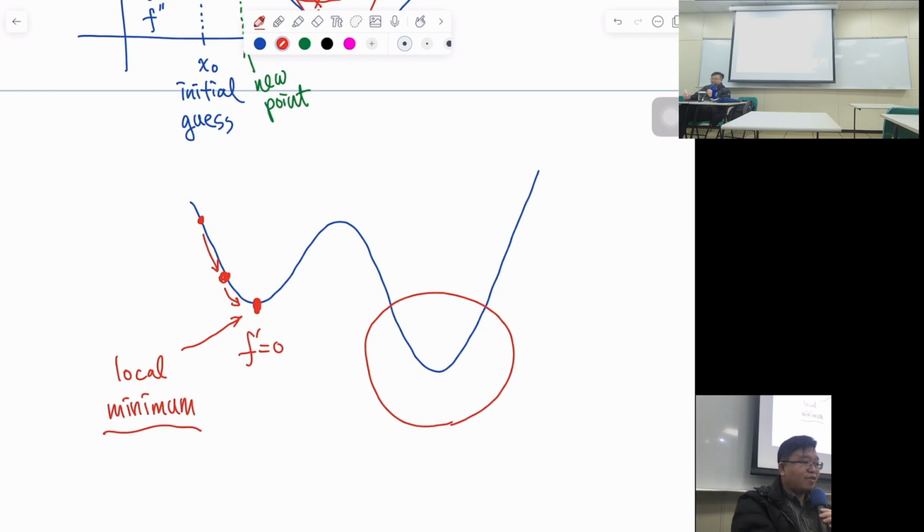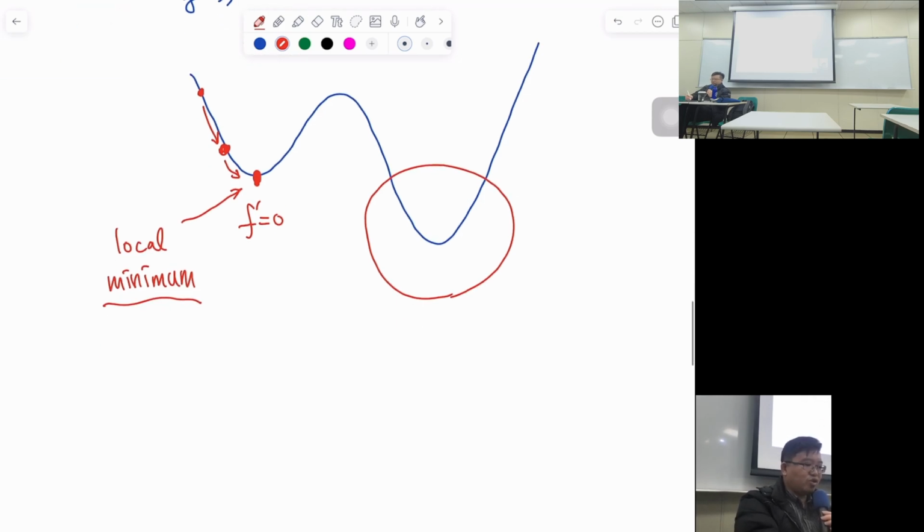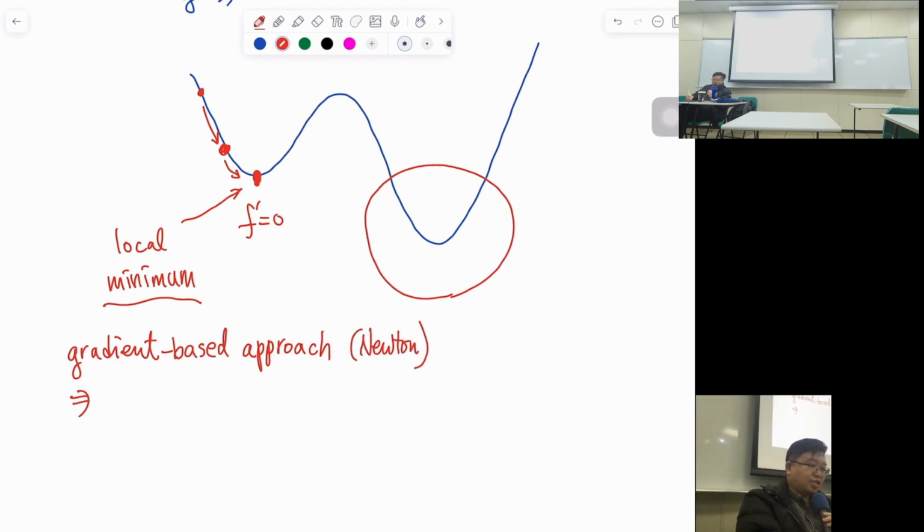So Newton's method is a kind of method so-called a gradient-based approach. Usually, a gradient-based approach, like Newton's method, guarantees a local minimum.